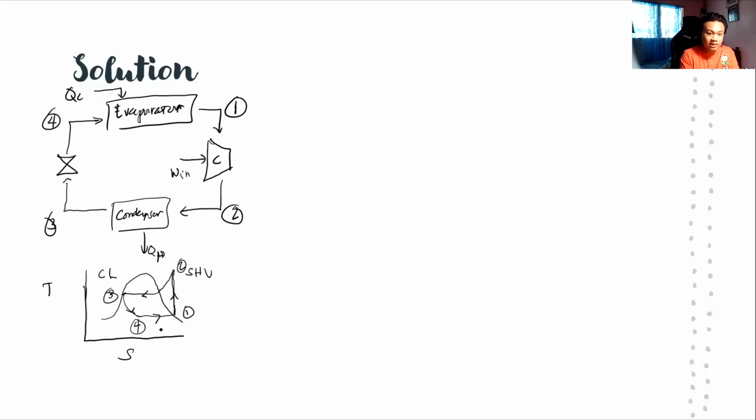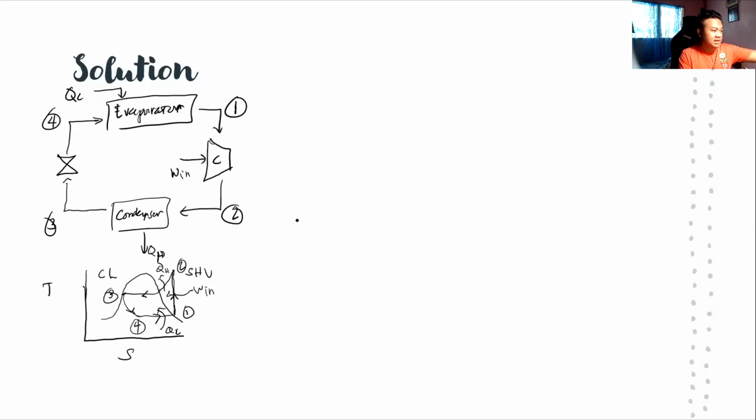Okay, so this 4 to 1, right? From 4 to 1, the refrigerant absorbs heat, and in step 2 to 3, that's where our heat is expelled. Okay, and then for 1 to 2, this is the requirement of our work.